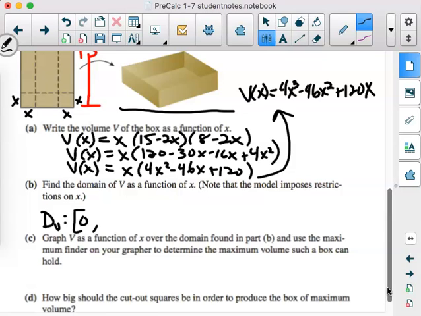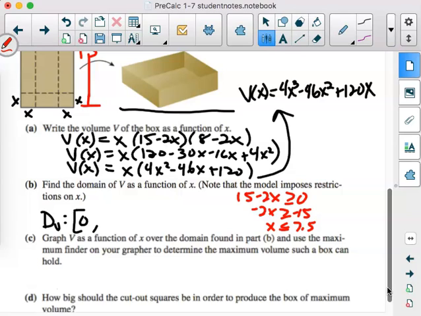Now, what about the other dimensions? Well, here's what I know. I know that 15 minus 2x has to be greater than or equal to 0, because if it's not, then we're using a side length that's negative, and that doesn't make any sense. So we'd subtract 15 from both sides and divide by a negative 2, which of course flips the sign.